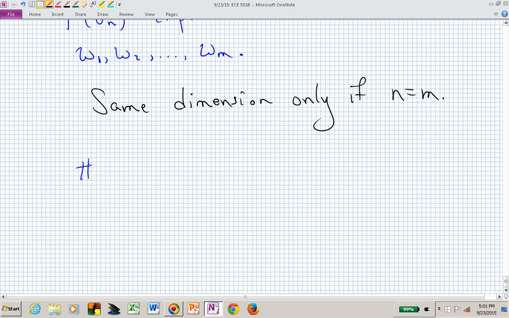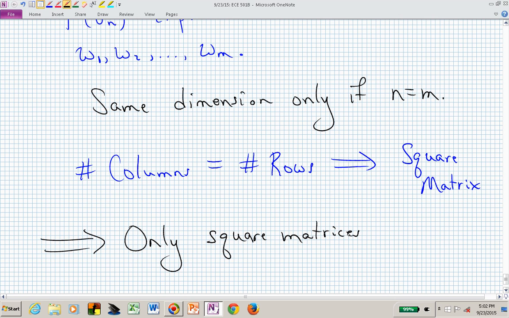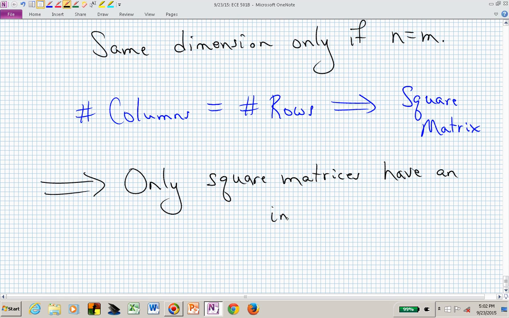And that really says then that we have the same number of columns, or the number of columns equals the number of rows, which gives us our square matrix. And that then says that only square matrices have an inverse.